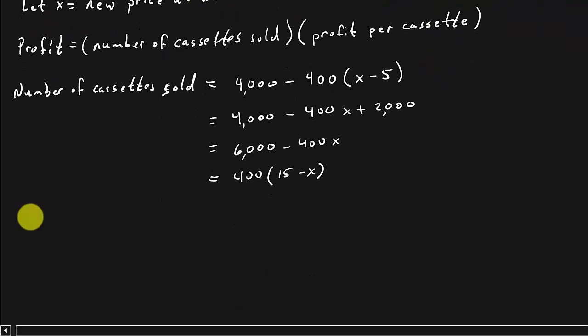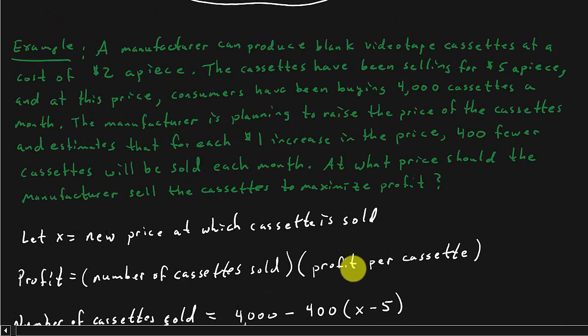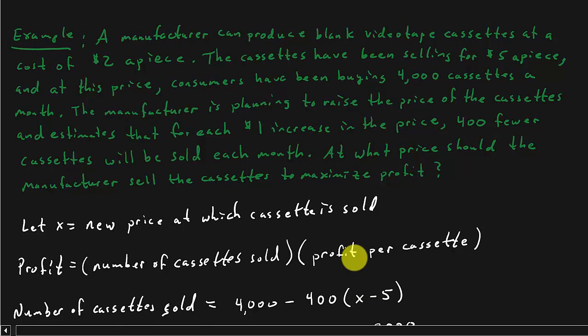All right, and now we need profit per cassette. So the profit per cassette, well, what is that? What would be the profit per cassette? Well, that would be whatever the new price is minus the $2 it costs to make it.